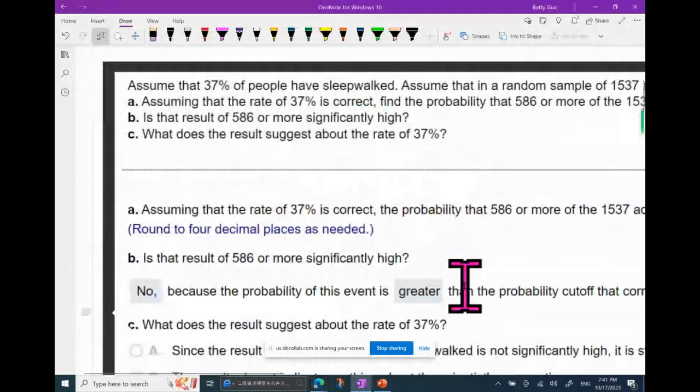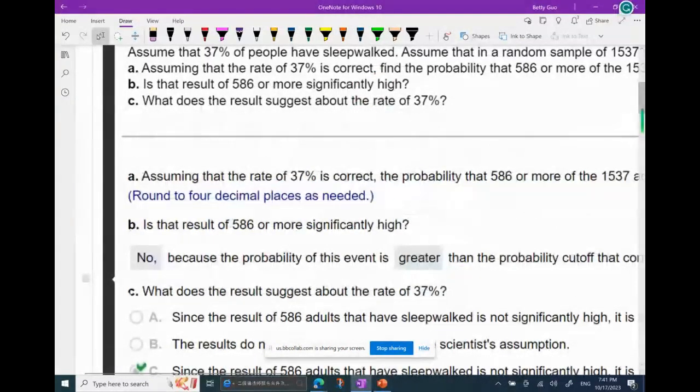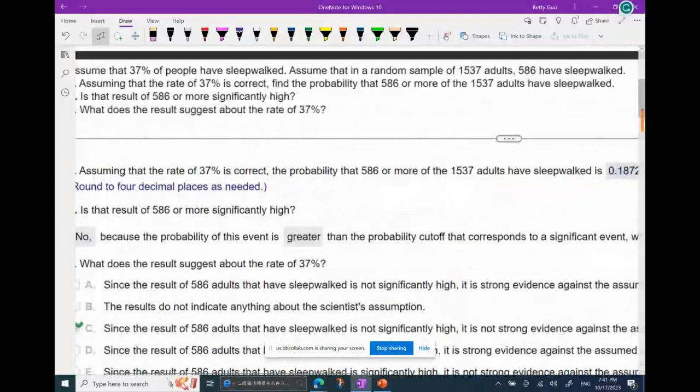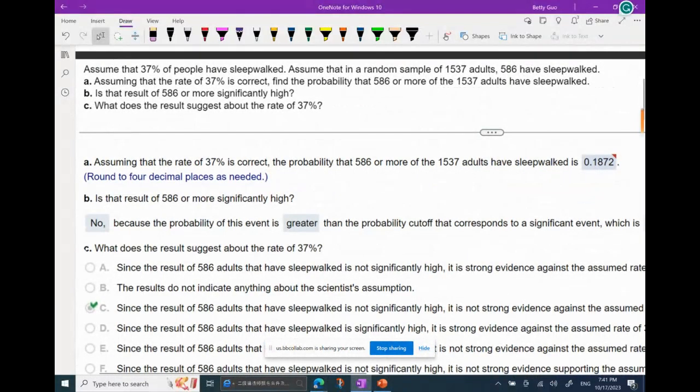The second question, Melinda asked. So let's read the question. Assume that 37% of people have sleepwalked. Wow, this percentage is higher than what I thought. Assume that in a random sample of 1537 adults, 586 have sleepwalked.